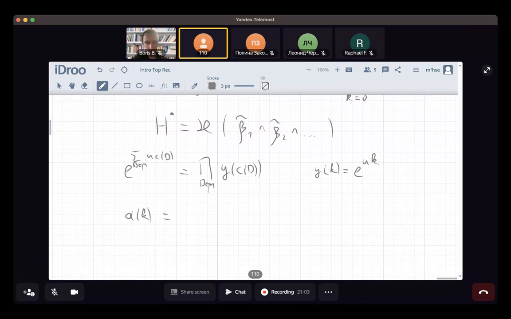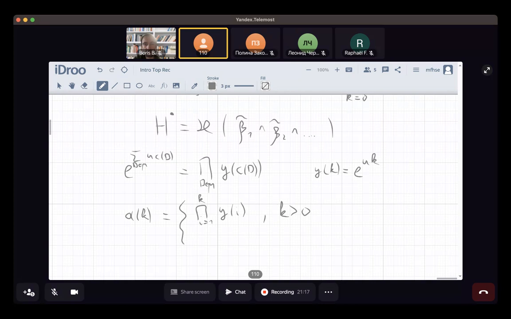So this will be the product from 1 to k of y of i if k is greater than 0, where k is an integer, and 1 over the product from i equals k plus 1 to 0 of y of i if k is less than or equal to 0.